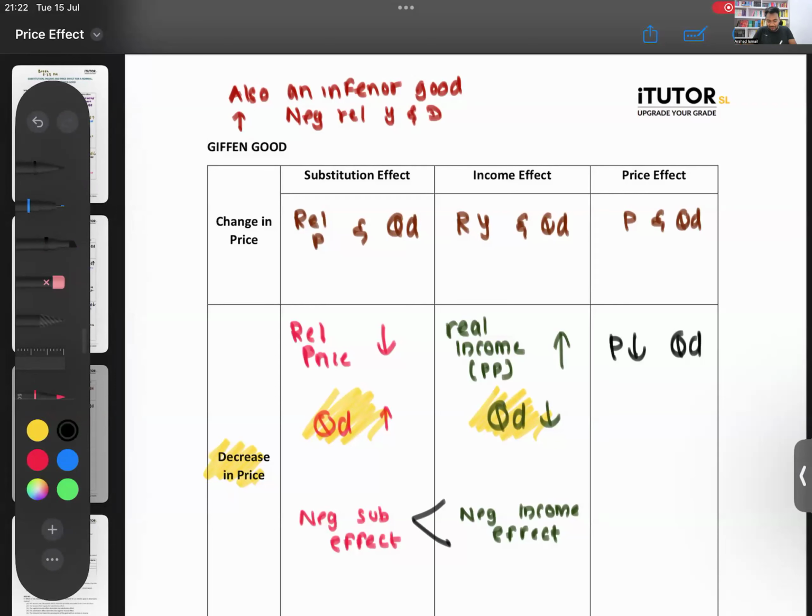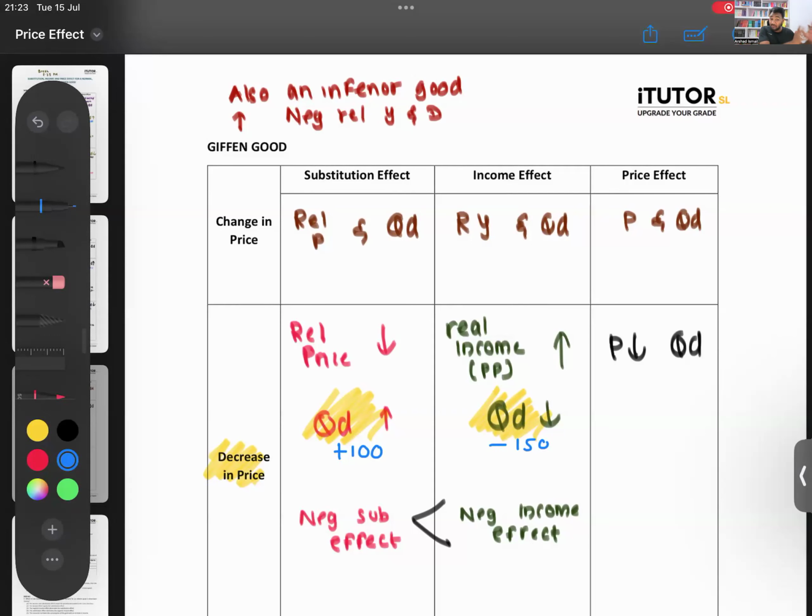So, if I give some numbers to explain this, QD's substitution effect is saying, look here, QD will increase by 100. Income effect is saying, QD will fall by, let's say, 150. So overall, what do you think happens? Substitution effect says QD will increase by 100.